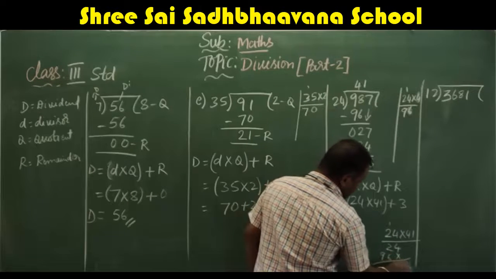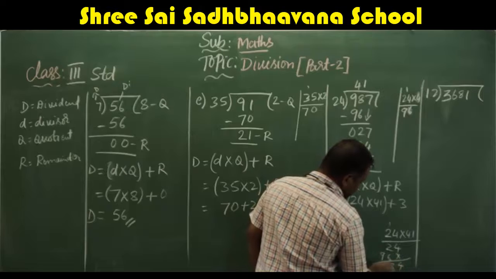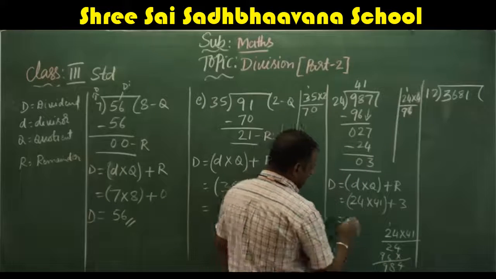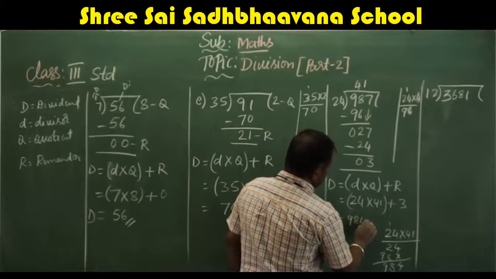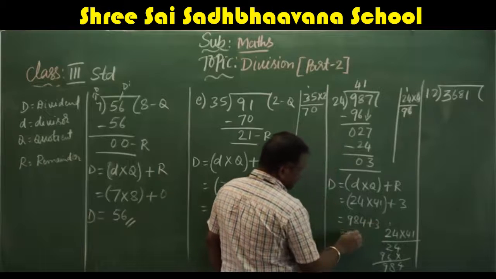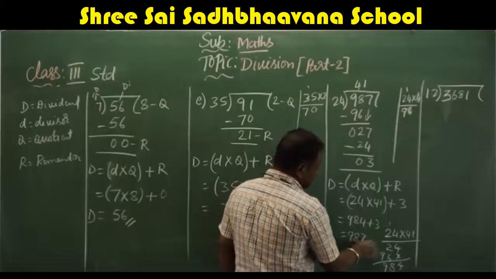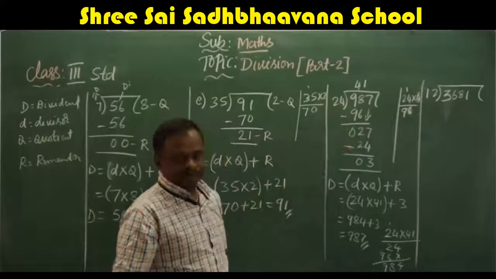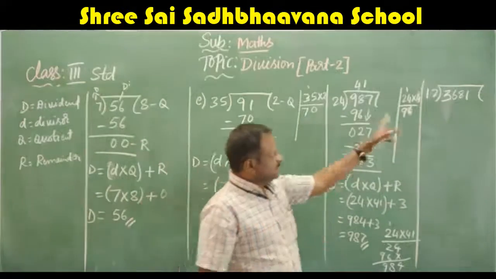So 984 plus 3 is 987. You got the same answer. I hope you understand.